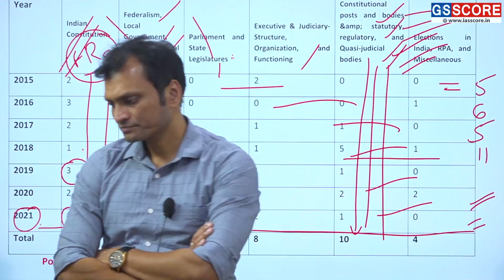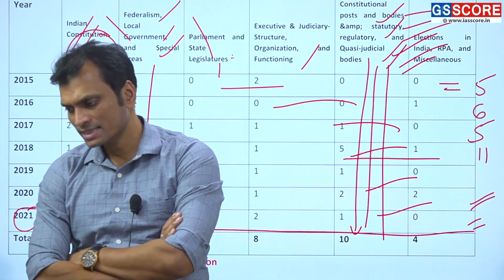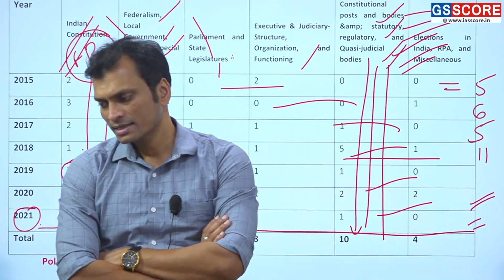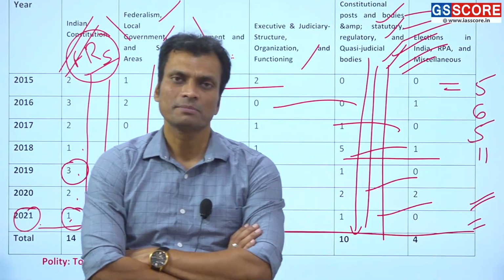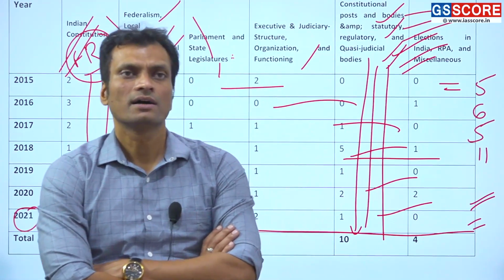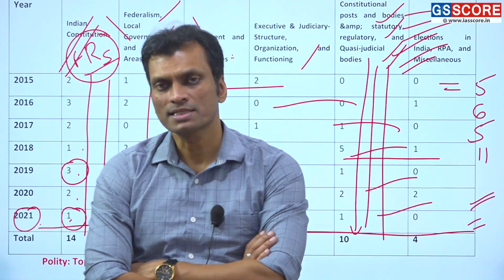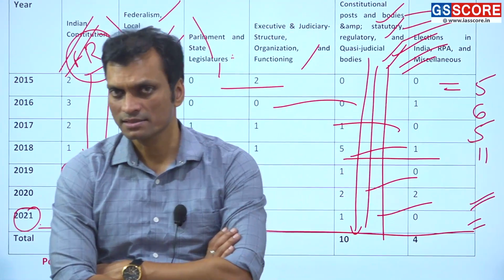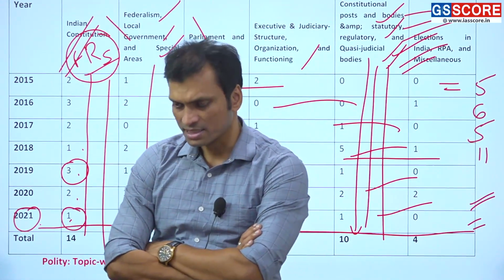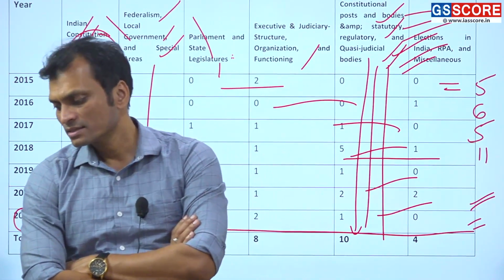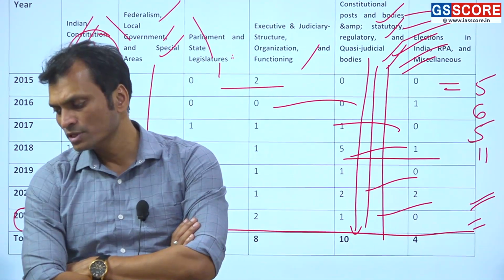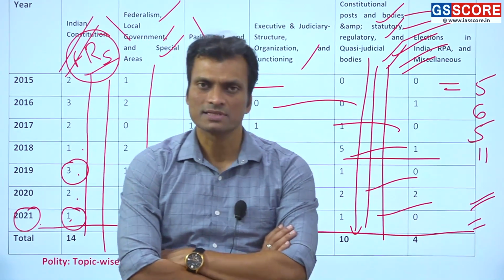At the same time, the trend analysis also says that if 5 to 8 questions are being asked every year, we have to prioritize certain areas more than others, because equal weight is not possible. Here we can see the descriptive questions have come only from the state and legislative council.